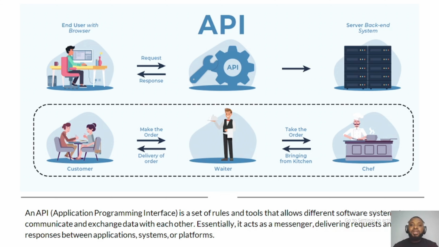And as we know, in the tech world, API is mostly used as a communicator between the front end and the back end. So let me break this down in a clearer understanding. Now let's use a restaurant as our case study. You walked into a restaurant and a waiter comes to attend to you, providing you the food menu.